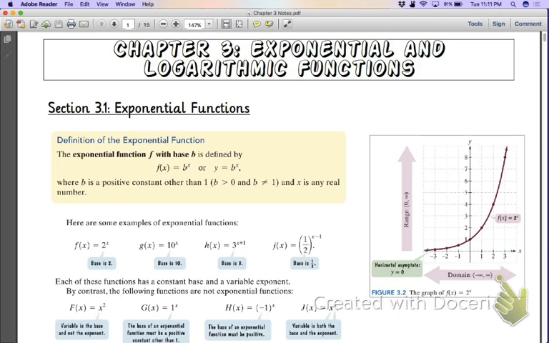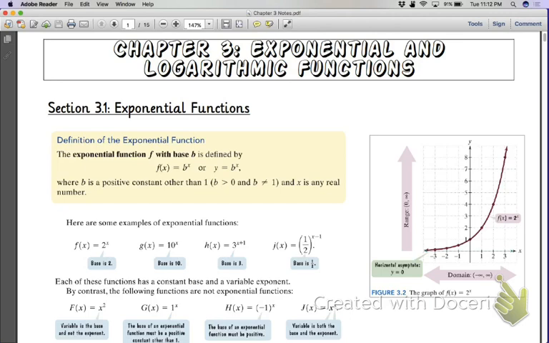Base of 2, base of 10, base of 3, base of 1/2. It's going to be something other than 1, and normally it's not going to be negative. If it is, we'll get into that later.